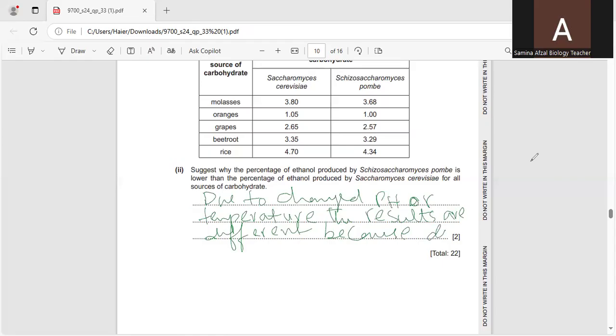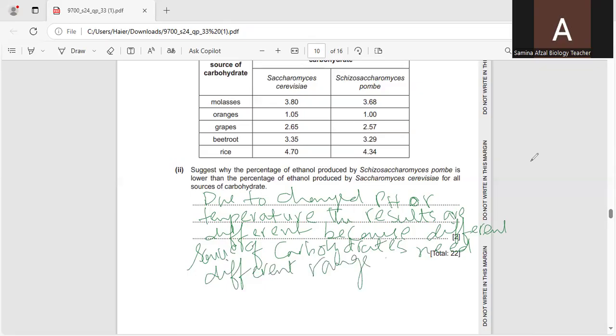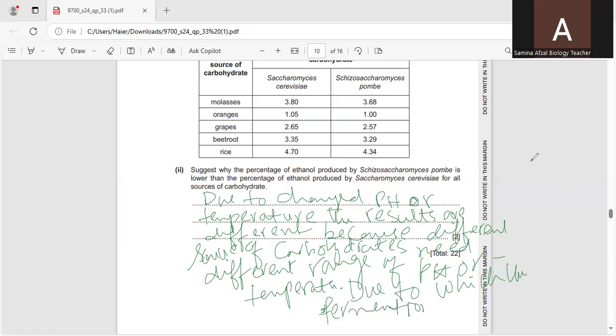Plus, the different sources of carbohydrates need a different range of pH or temperature, due to which the fermentation gave different results. Different fermentation gave different results.